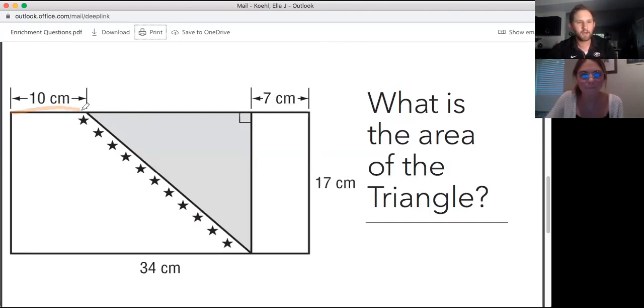And Ms. Koehl right now is going to do her best to highlight the whole rectangle. So you're going to find the area of that massive rectangle. Make sure you pay attention to all of the dimensions. You're also going to find the area of the small rectangle she is outlining in red.